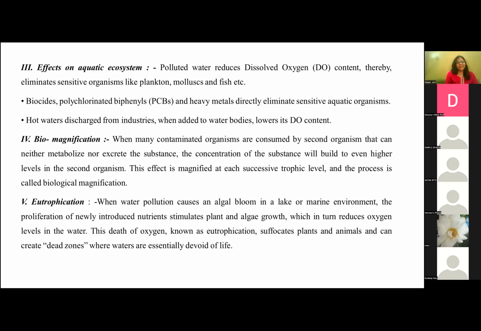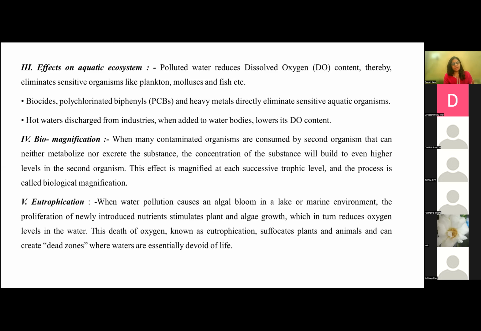Yes. So when water pollution causes an algal bloom, as I just explained, in a lake or marine environment, the proliferation of newly introduced nutrients stimulates plant and algae growth, which in turn reduces the oxygen level in water.